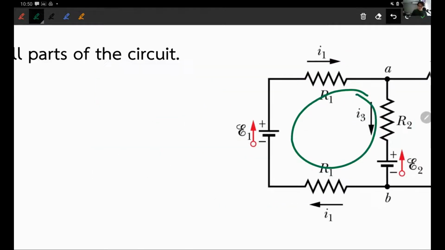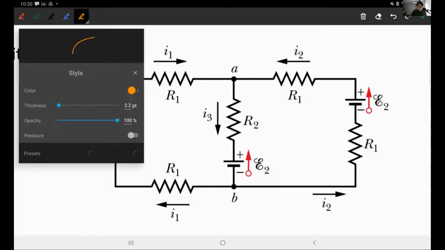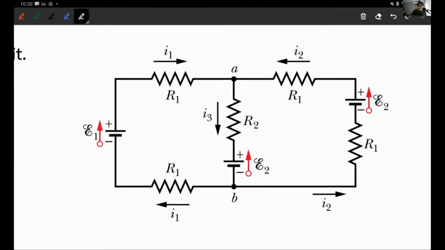Now, because you don't know which direction the current will flow, in reality there would be no I1, I2, and I3 at all. Okay, you see what I'm saying? Just to be fair, I don't want to give you the impression that there is current flow in this already. So forget about this. You don't know anything, pretty much.